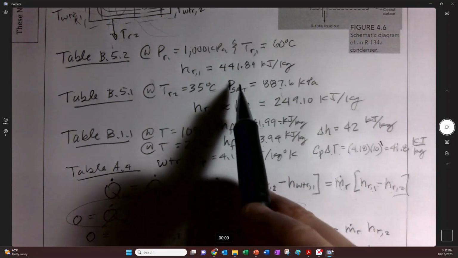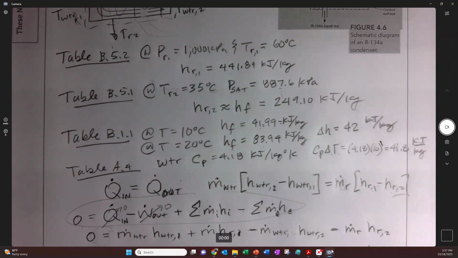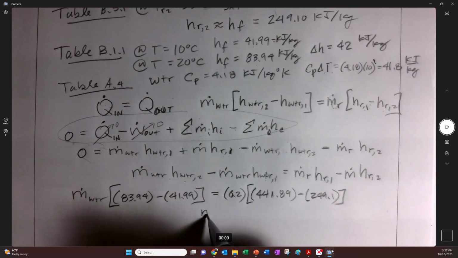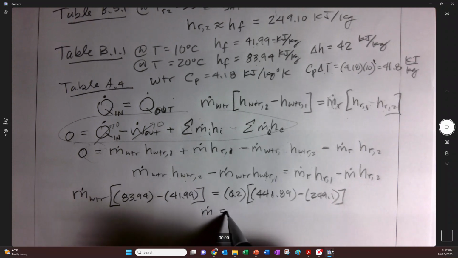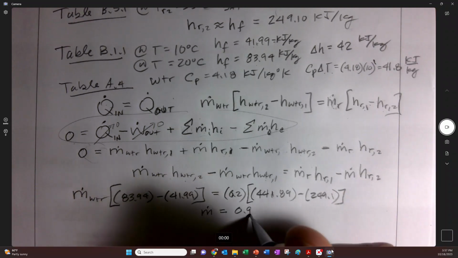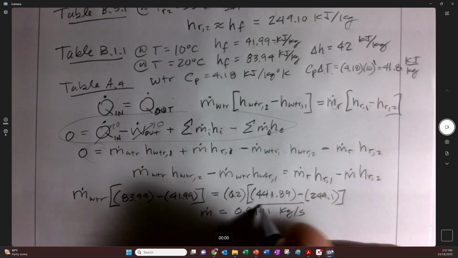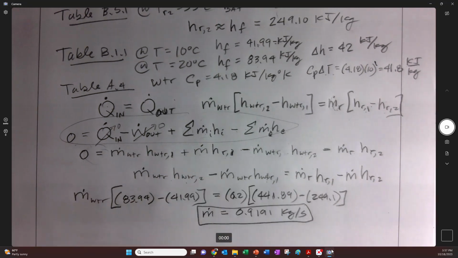So in was 441.89, and out was as a fluid 249.1. So my mass flow is going to be 0.9191 kilograms per second is what's required, and that's the answer to this problem.